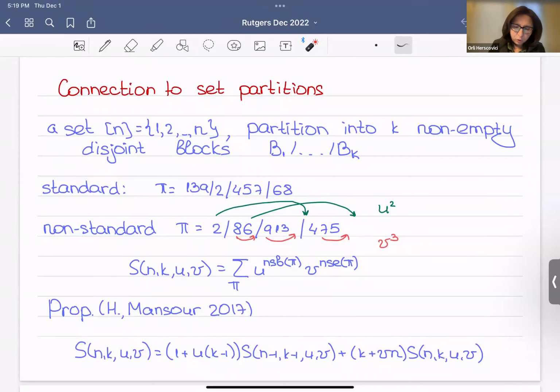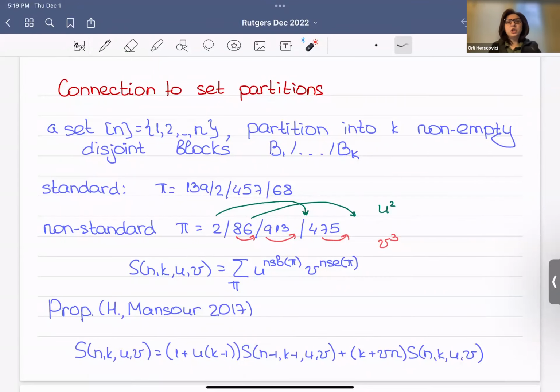So for blocks, we need to take this one and shift it to the right. So we need a movement of 2 blocks, so it will be written as u squared. And now for elements, we need to shift this one to the right, this one to the right, and this element to the right. 3 elements, so it will be written as d cubed.